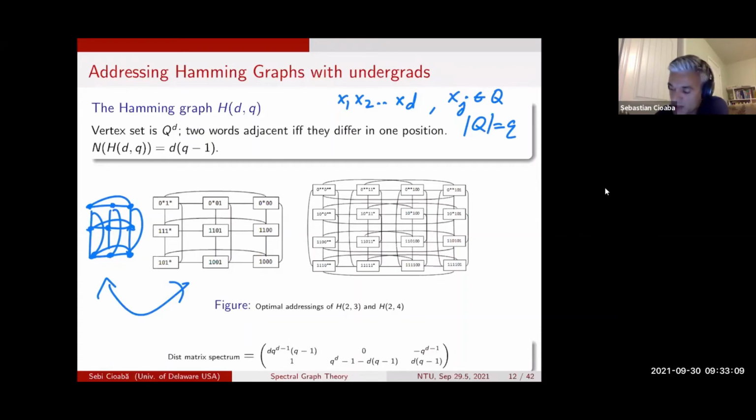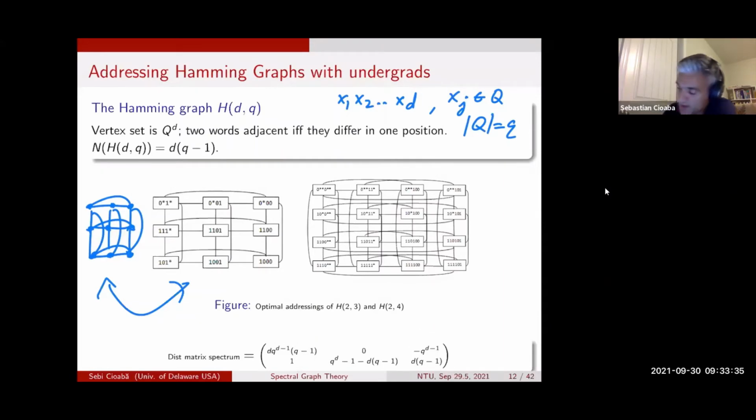You construct the addressing of length d times (q minus 1). So that's the construction. Then to show that it's optimal, that there's nothing smaller, we use the eigenvalue result. These graphs are distance regular, so they have a lot of regularity in them, and you can calculate the distance matrix spectrum.